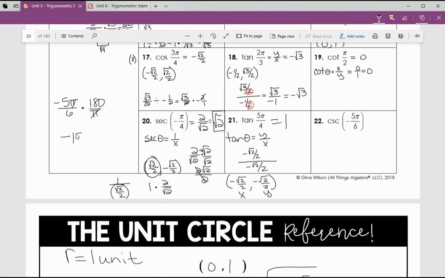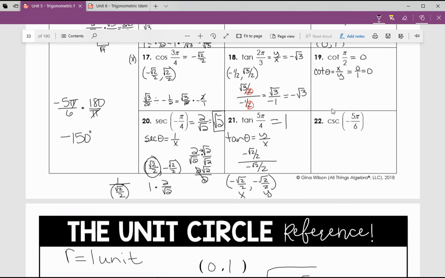And that would be negative 150 degrees. A lot of times, instead of searching for the radian value, it's easier for you to go and get the degree value. Okay?